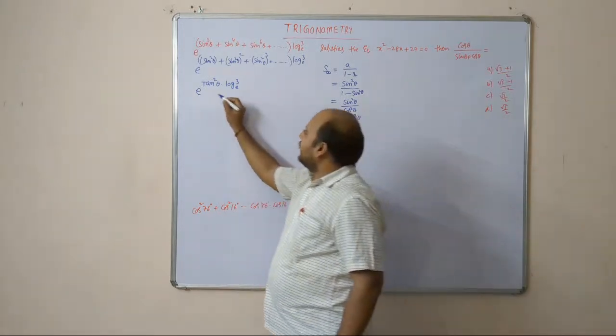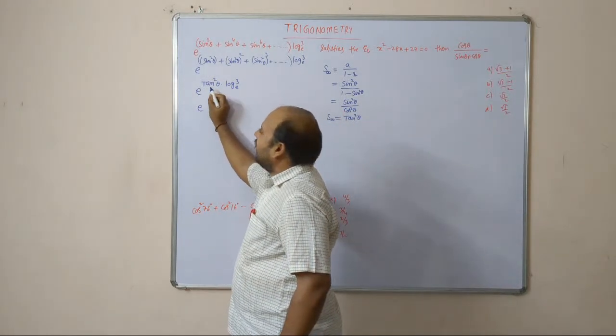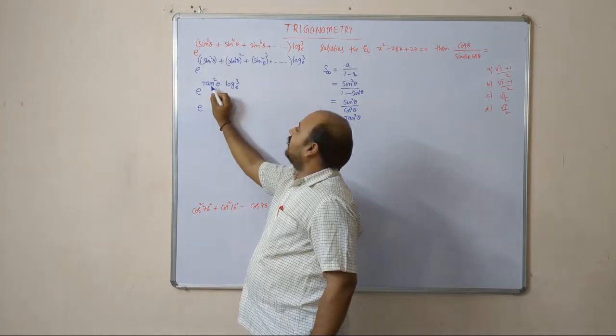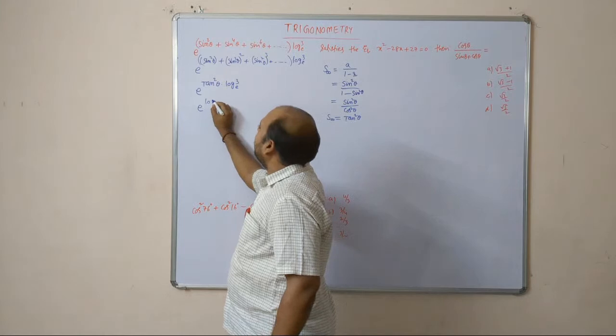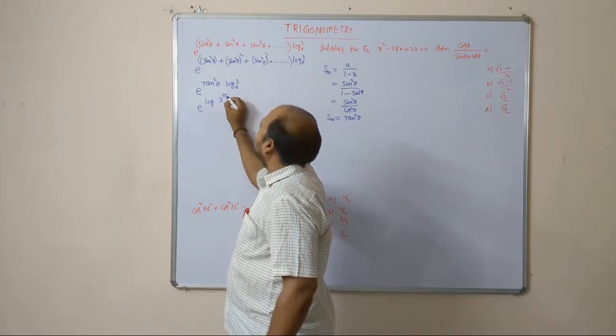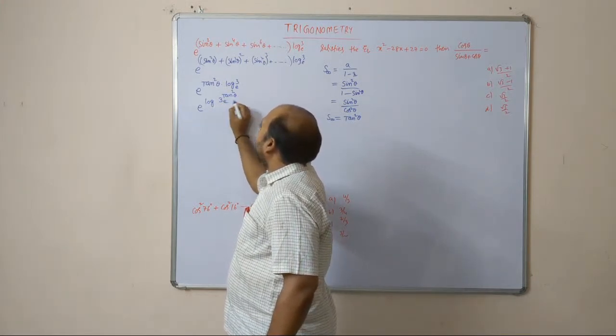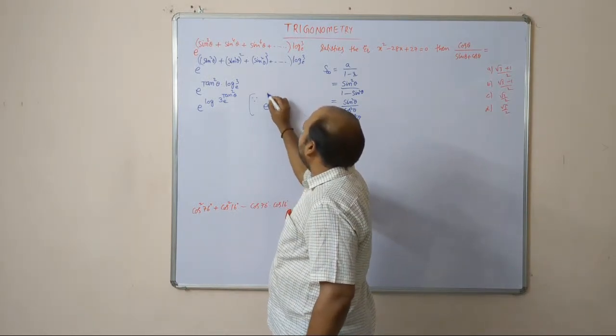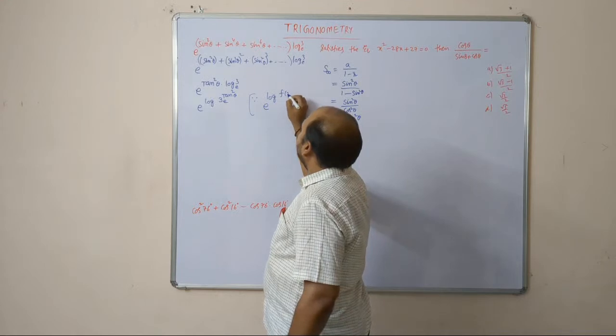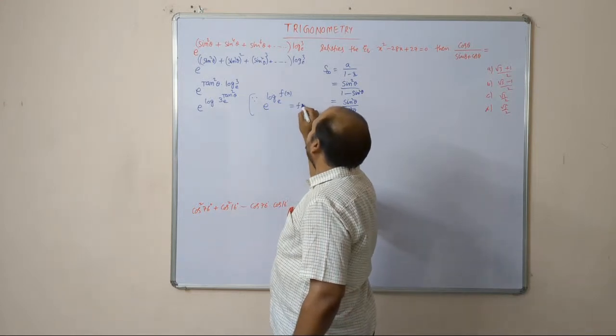Now I am going to simplify this e power. This is constant; log m log a means log a power m, no? So we can write it as log 3 power tan square theta to the base e. From properties of logarithms, e power log f of x to the base e is equal to f of x.